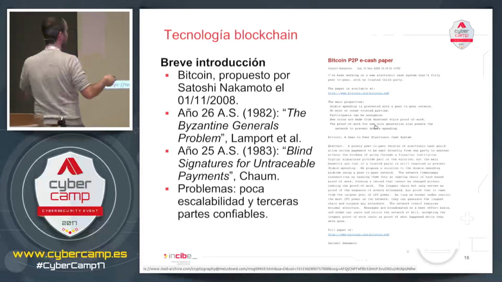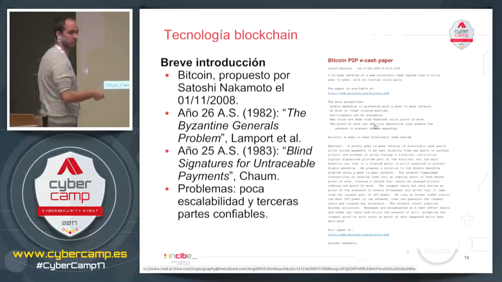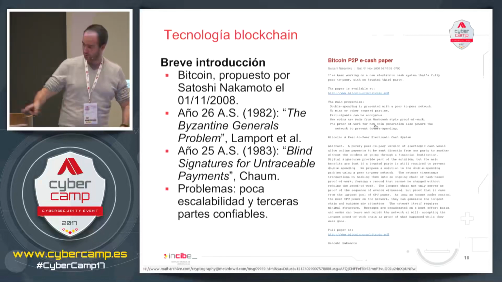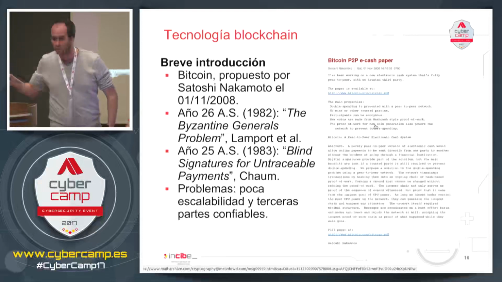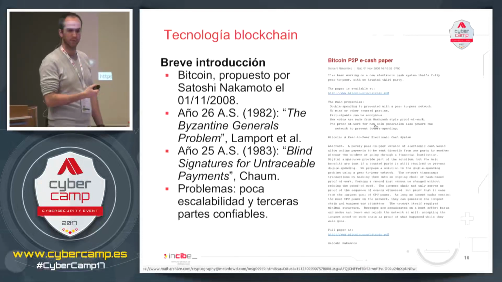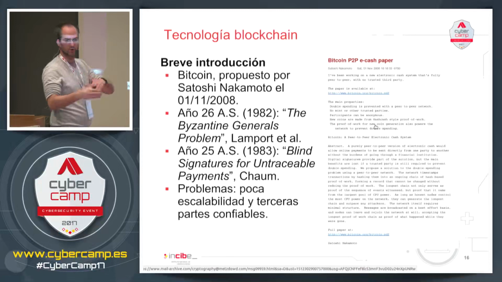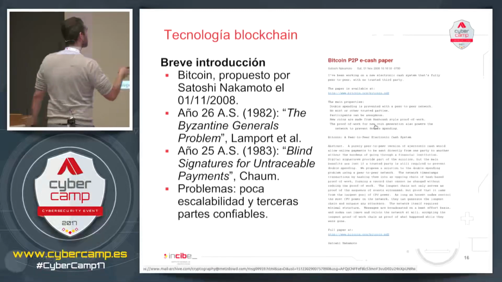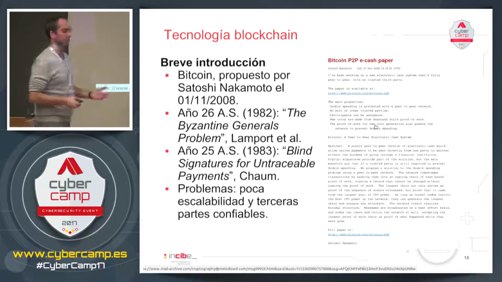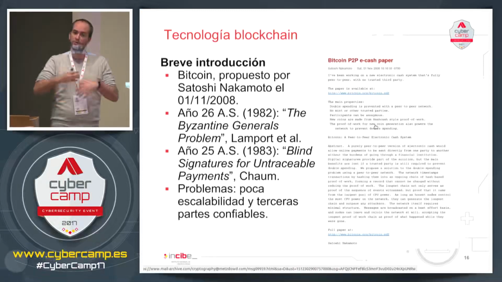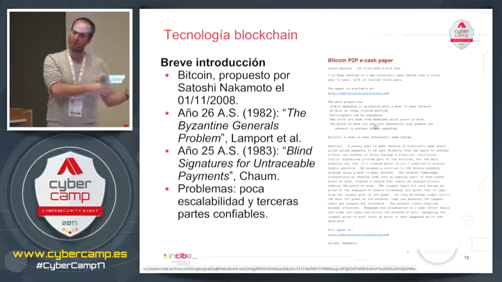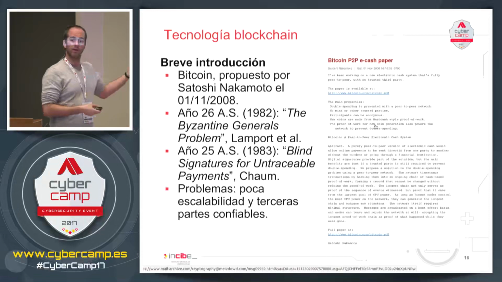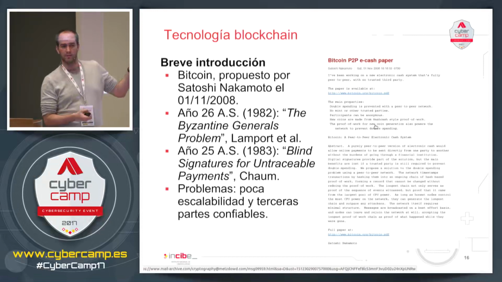Then other systems, the electronic cash by David Chaum, the father of anonymity methods like Tor. He invented that. Others were based on ideas of Chaum. He's a genius. In 1983, he proposed a system for untraceable payments, blind signatures for untraceable payments. What is the problem? He used central authorities.